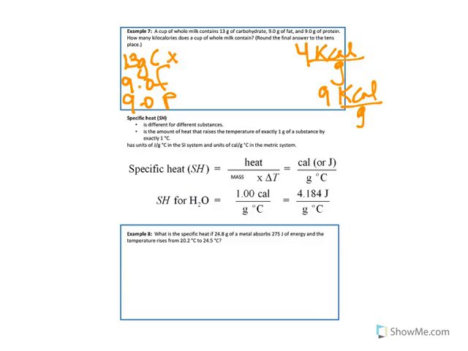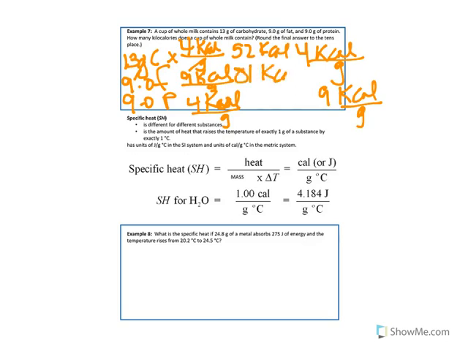So for carbohydrates, we can say 4 kilocalories per gram. For fat, it is 9 kilocalories per gram. And for protein, it is 4 kilocalories per gram. So let's add up each piece. 13 times 4 is 52 kilocalories. 9 times 9 is 81 kilocalories.